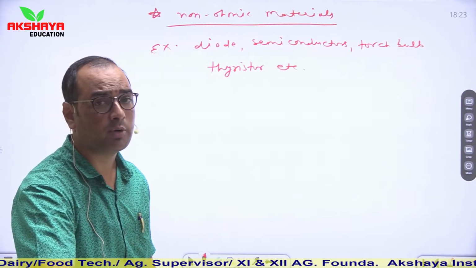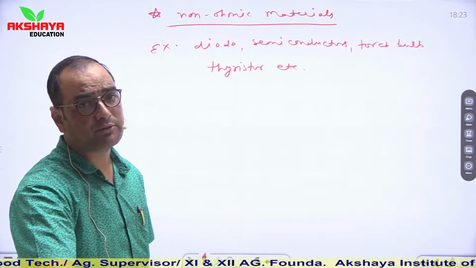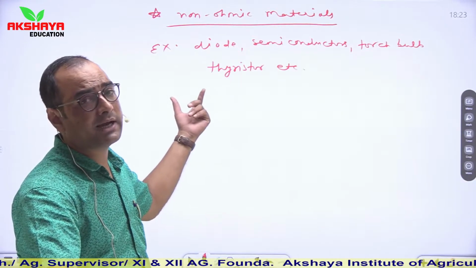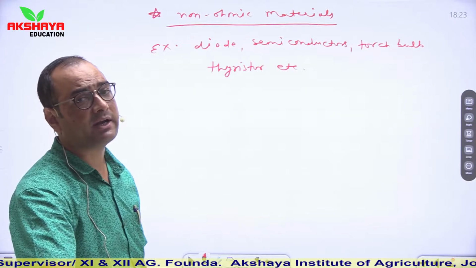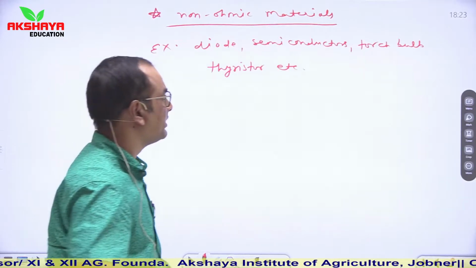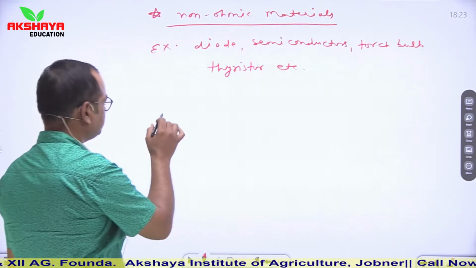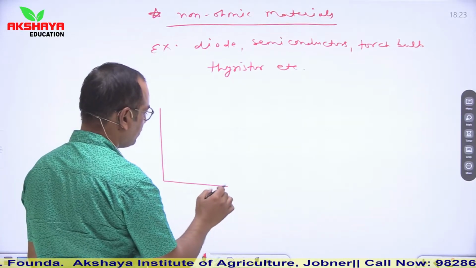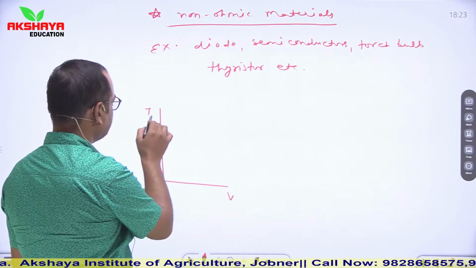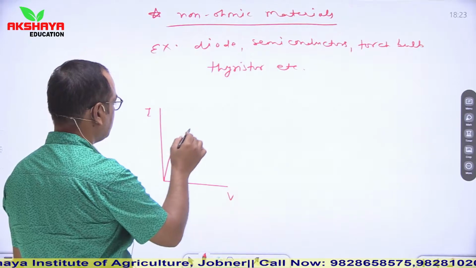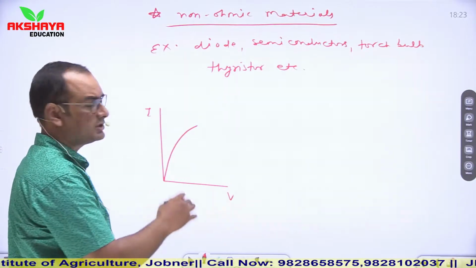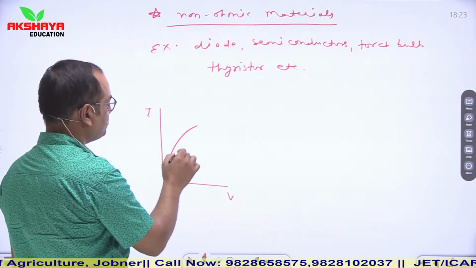Non-ohmic means they do not obey Ohm's law, or in other words, if we plot a graph between potential difference and electric current, then this graph is not a straight line. So in case of a torch bulb, this graph is like this. So this is the graph for torch bulb.